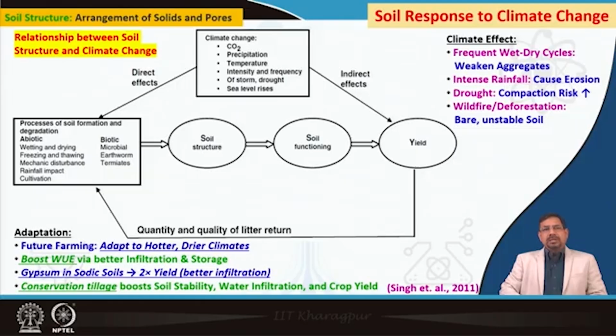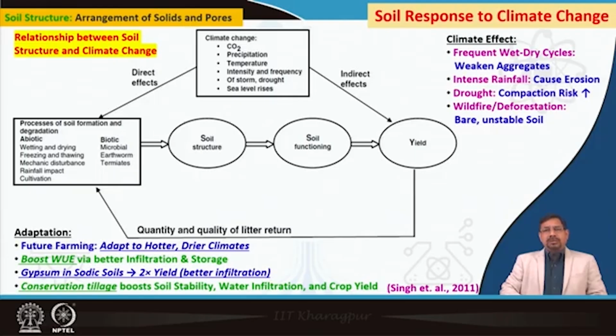So, this also needs to be understood with respect to water use efficiency, WUE, via better infiltration and storage behavior. Conservation tillage boosts soil stability, water infiltration and crop yield.